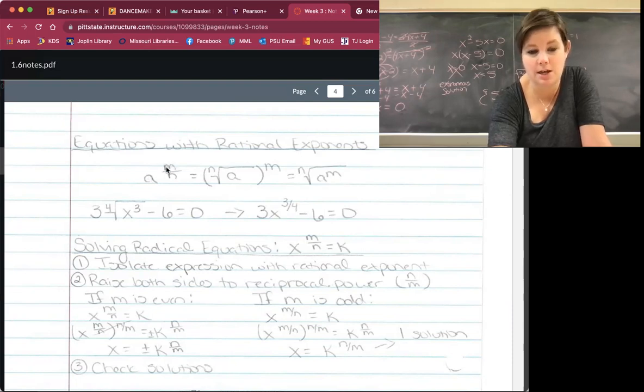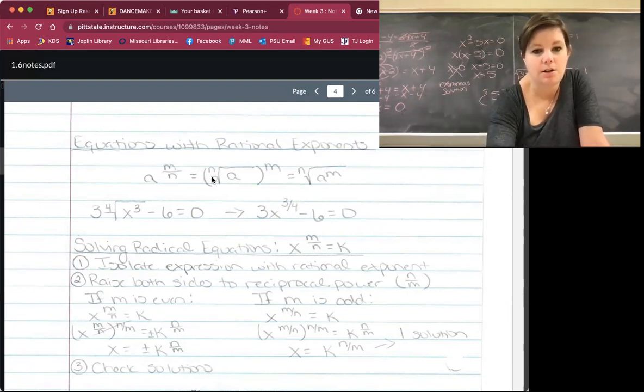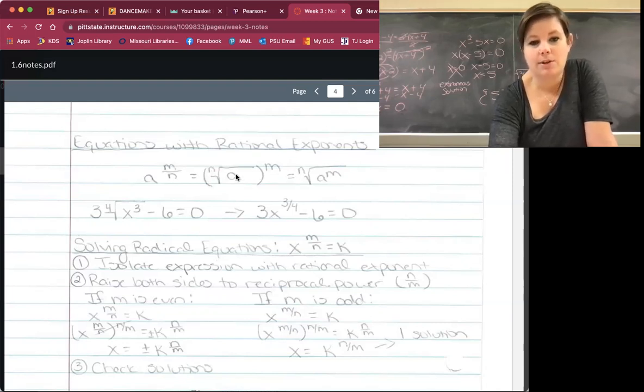A to the m over n. Notice you say the m first, so the m stays with your variable. The n is the one that comes out in front of our radical sign. It's the nth root, and the m is either in there with the a or just right outside. That's how I remember it.